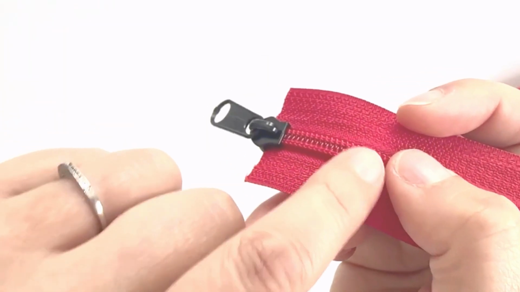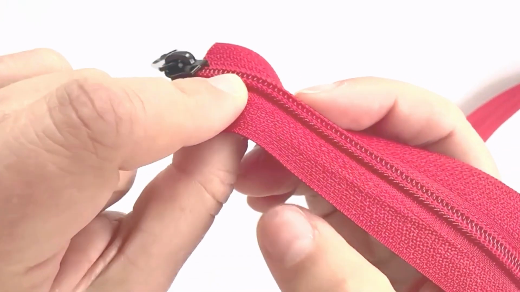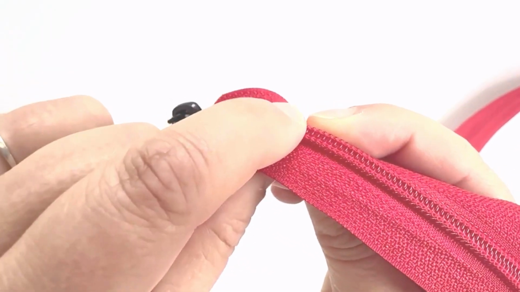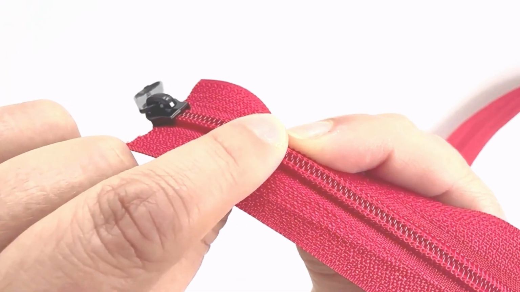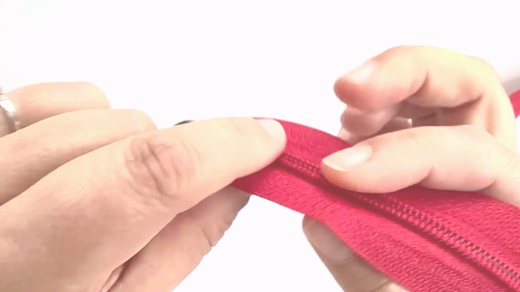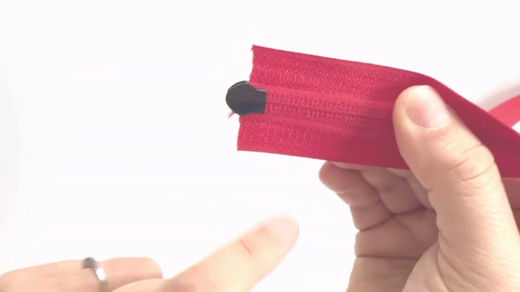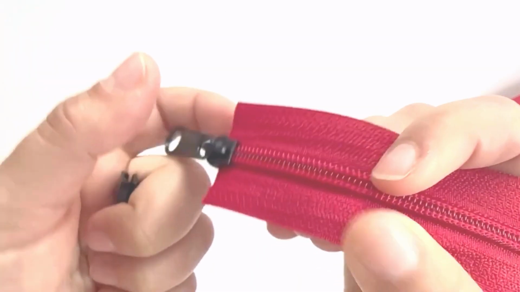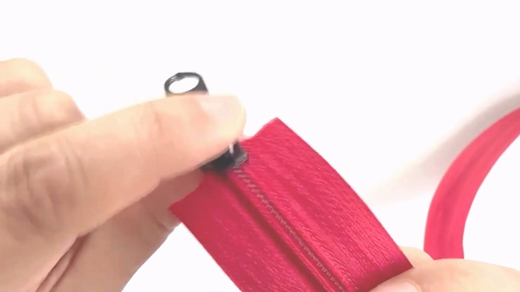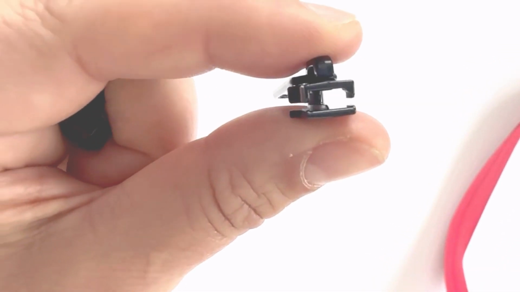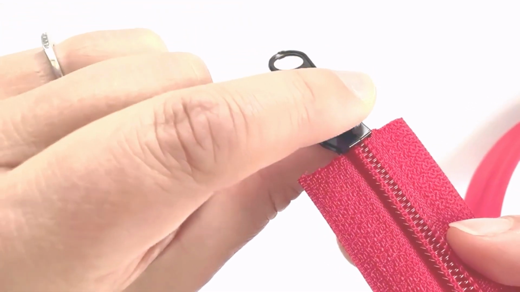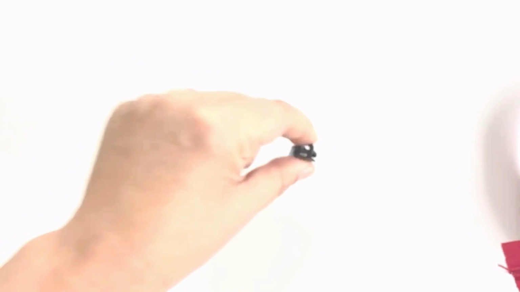The coil teeth are slightly raised against the zipper tape, while the back is completely flat. So a standard slider is going to have that U shape at the top, because that's where the coil teeth are going to be fed through.